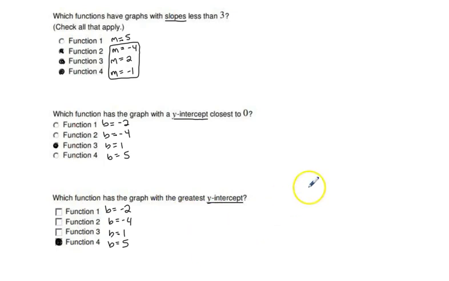So a way of thinking about that is, just think if it says least or greatest, there we're talking about the actual value. So positives, negatives matter.